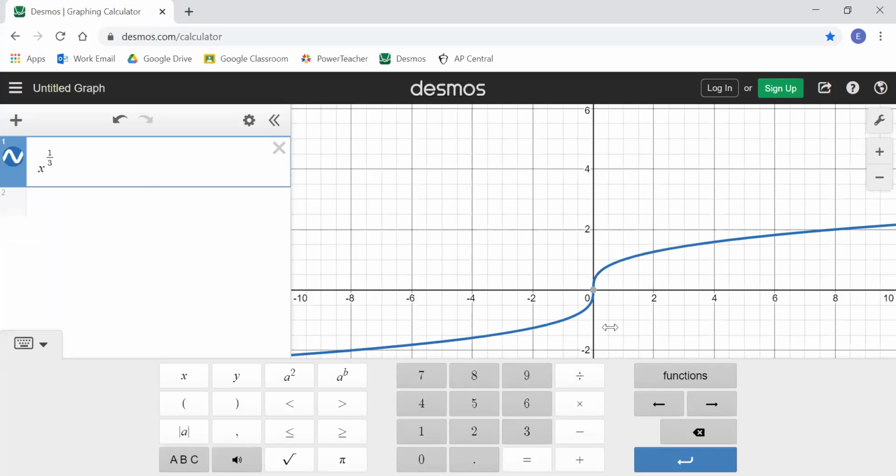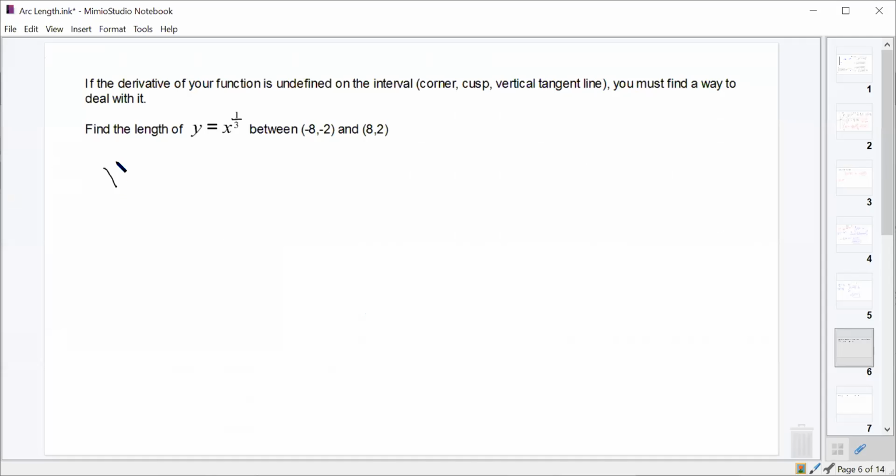There's y equals x to the 1/3 with a vertical tangent line at x equals 0. And so the vertical tangent line at x equals 0 causes a little bit of a problem, right? That's a place where our derivative is undefined.